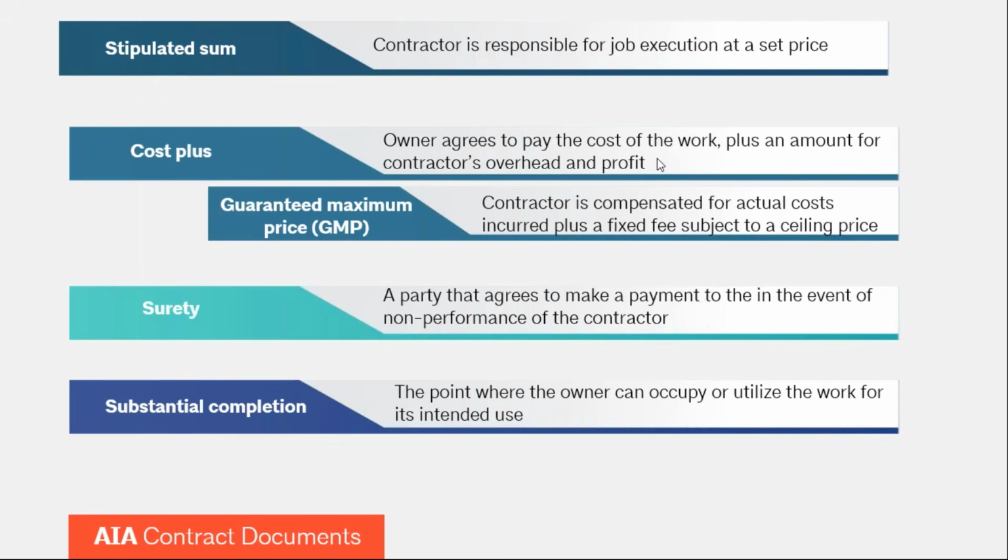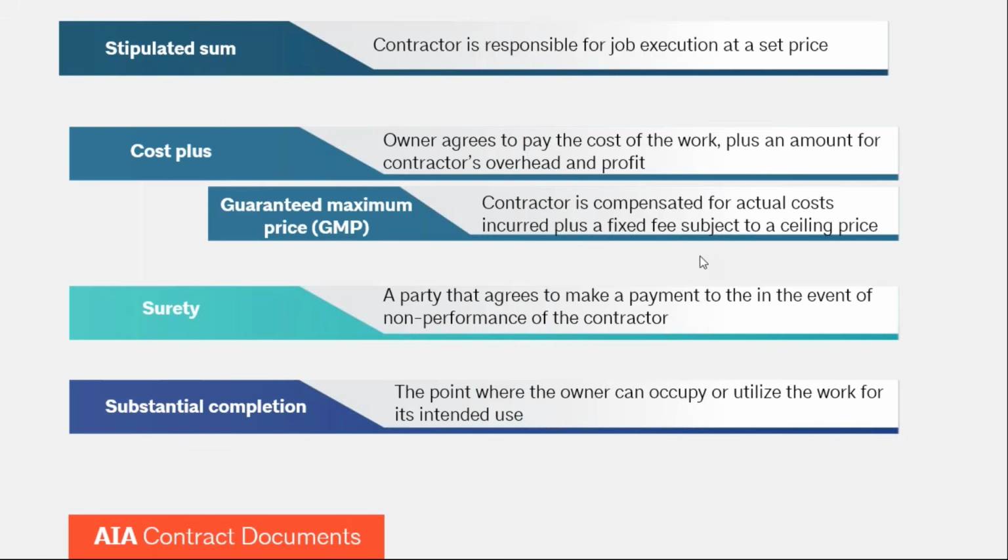And that has a GMP, a guaranteed maximum price. So that is the ceiling, so to speak. So the owner pays the contractor the cost of the work plus some sort of fee up to a ceiling, a GMP, a guaranteed maximum price of X dollars. Again, that can change, but the parties have that amount.